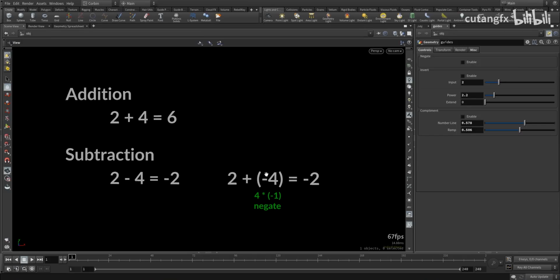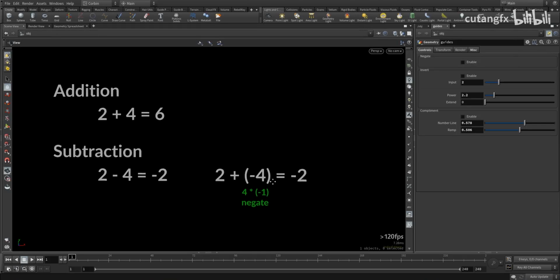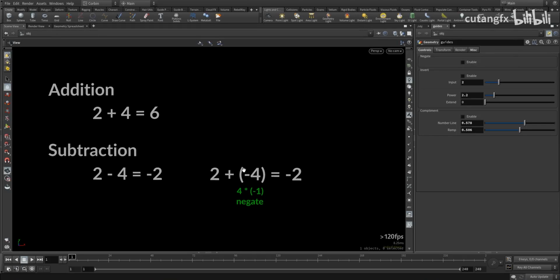And in this way, the order doesn't matter again. So negative 4 plus 2 or 2 plus negative 4 is going to give us the same result. The function we're using to do this is called negating. It's simply multiplying by negative 1, or in a more visual way, swapping the sign. If it was positive, it becomes negative. If it was negative, it becomes positive.